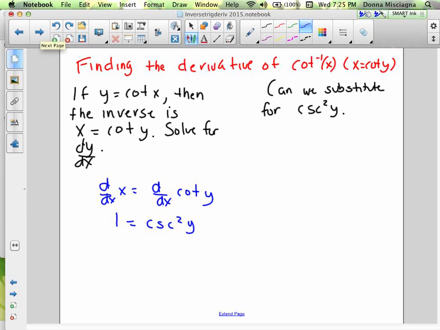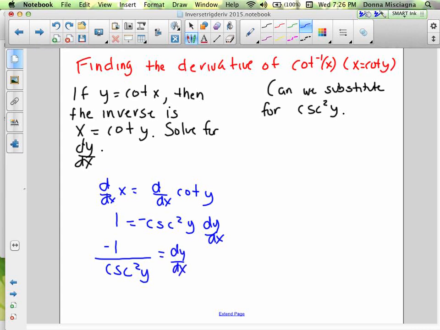Derivative of y is dy dx. Oops, listen to me one second. The derivative of cotangent is negative cosecant squared y. Can't forget the negative there. So if we're solving, I'm going to put the negative on the negative 1. If we're solving for dy dx, let's divide both sides by cosecant squared y.